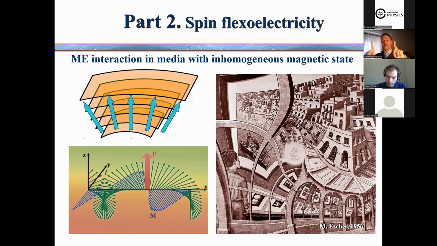The homogeneous vector field of magnetic vectors is just like this, yeah. And when you're bending it, it's kind of fan-shaped structure. It is called spin cycloid structure.